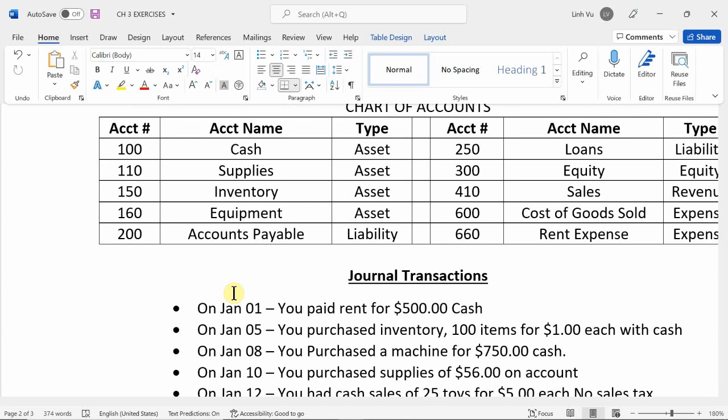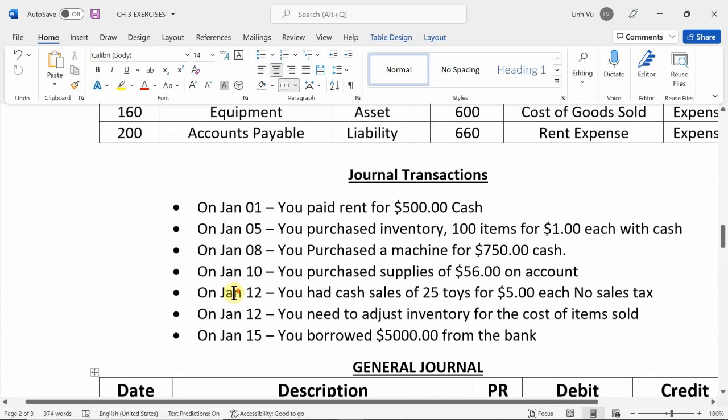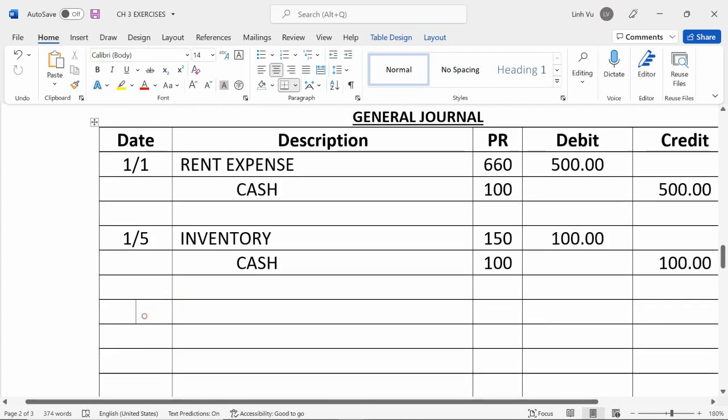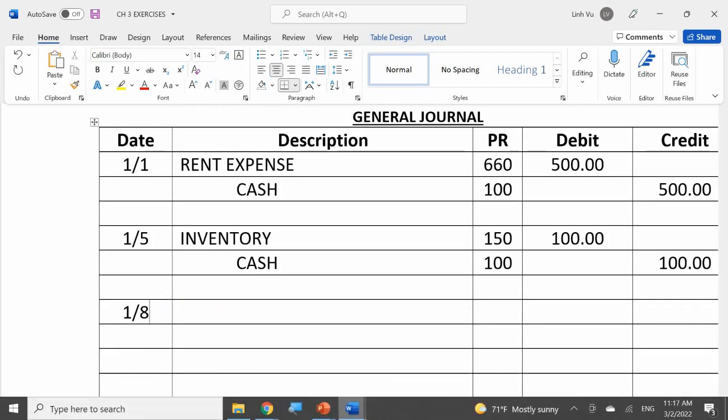Now, how did I pay for it? Cash. I paid it with cash. So in this case, am I increasing or decreasing my cash flow? Decreasing. So right there, right off the bat, you already know it's going to be a credit. So let's go ahead and journalize this. On January 8th, we already established that we're acquiring equipment.